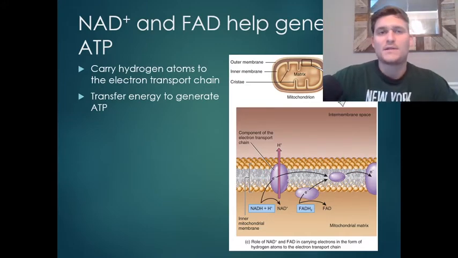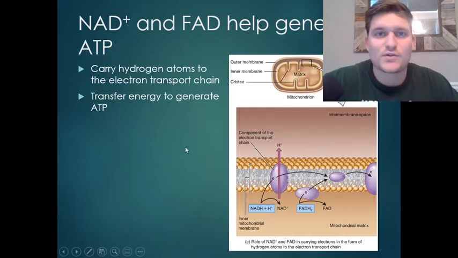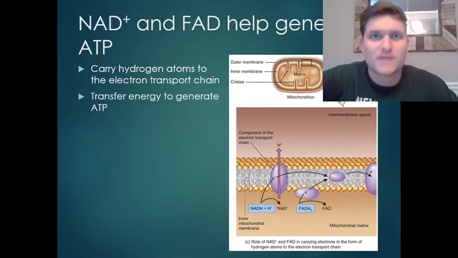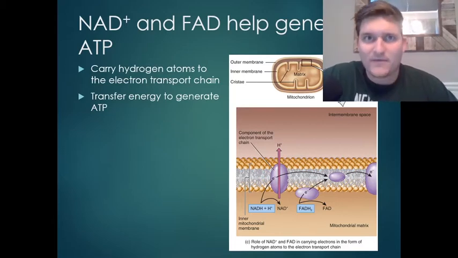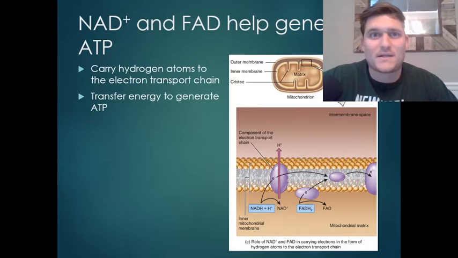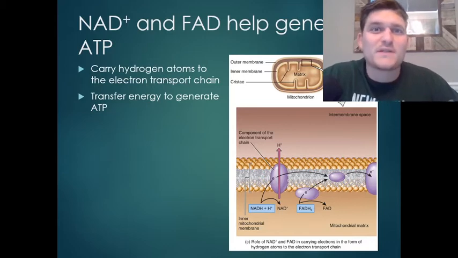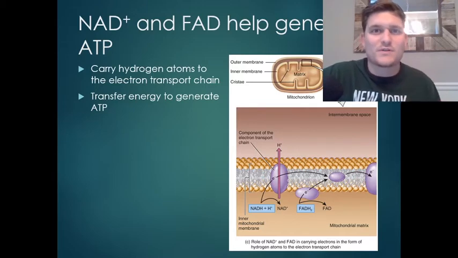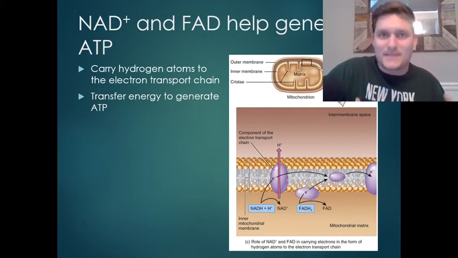Each NADH plus H is going to generate 2.5 ATP in the electron transport chain, while each FADH2 is going to produce 1.5 ATP. We're going to be discussing this a little bit later on, but the reason is because they're going to be donating these electrons and hydrogens to the electron transport chain, which will then give us enough energy to synthesize an ATP.